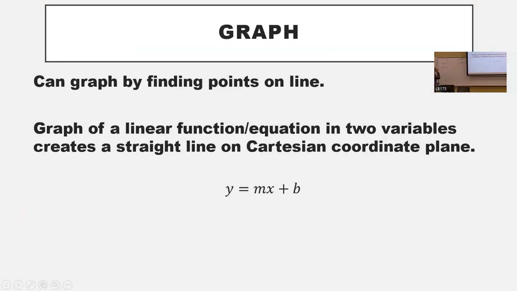Now, obviously, we can graph linear equations, linear functions by plotting points and then seeing what line it forms. I say what line it forms because if ever you graph a linear function or a linear equation in two variables, you're going to get a straight line on the Cartesian coordinate plane.